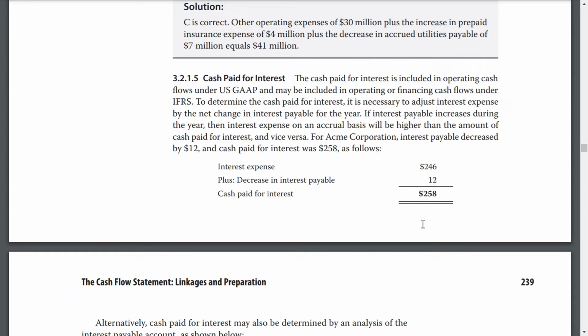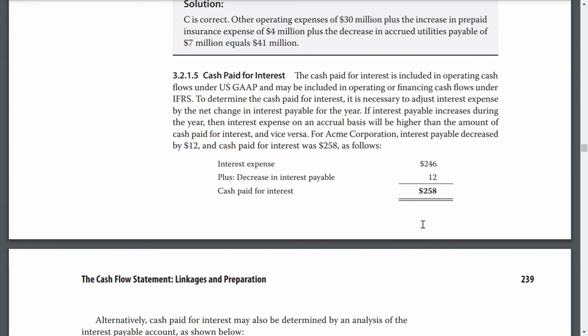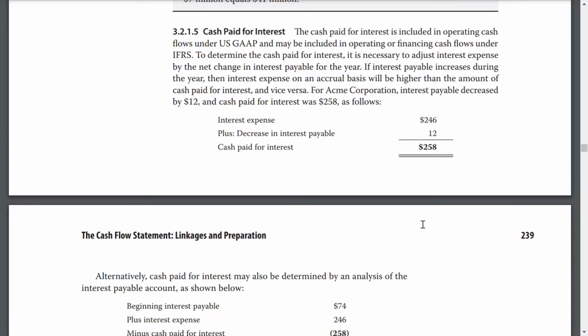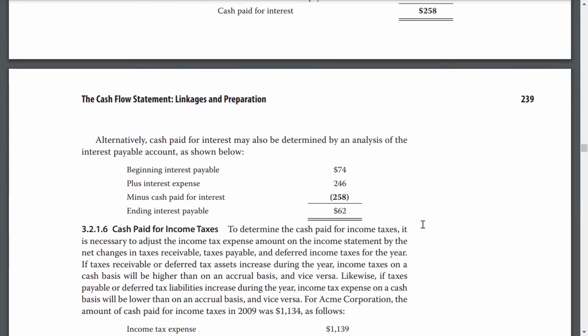The Acme Corporation interest payable decreased by $12, and cash paid for interest was $258, as follows. Alternatively, the cash paid for interest may also be determined by analysis of the interest payable account as shown below.